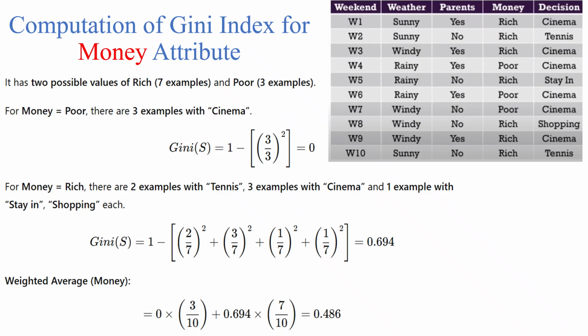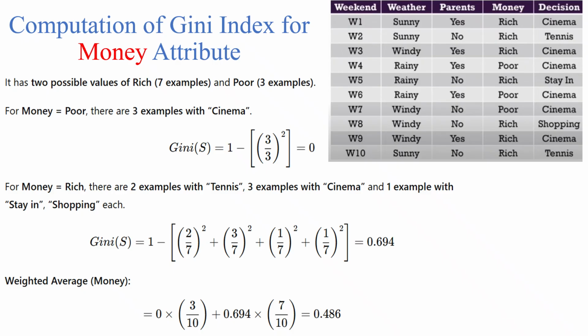First we calculate the Gini for money equal to poor. For all poor the outcome decision is cinema, so all 3 poor have the decision cinema only. The value is 1 minus 3 by 3 the whole square, and the answer is 0.